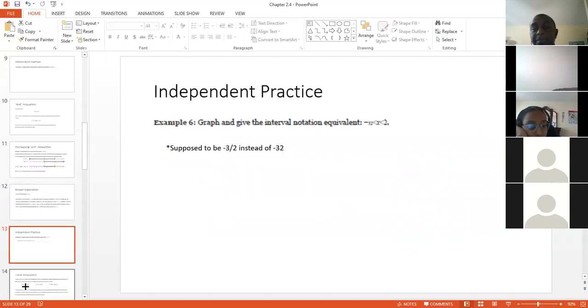So here we have independent practice. Make sure to take note that this is not -32, it's -3/2. And make sure to graph it and give the interval notation equivalent. I'll give you some time to do that.